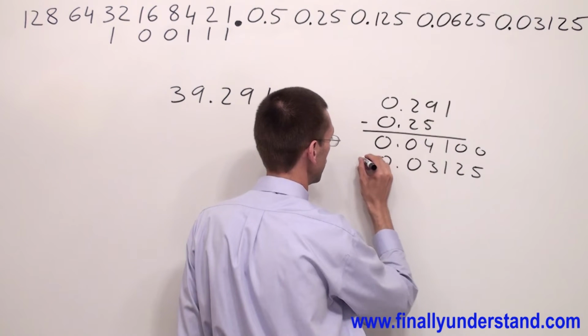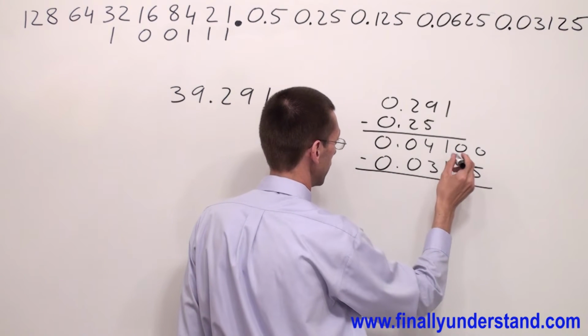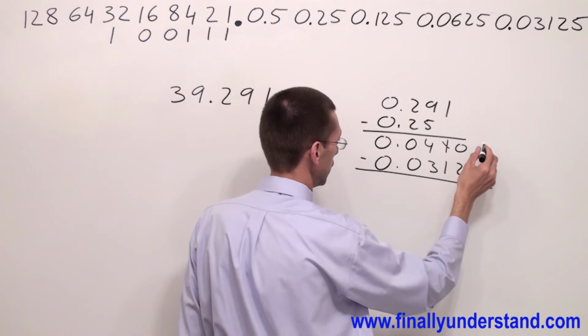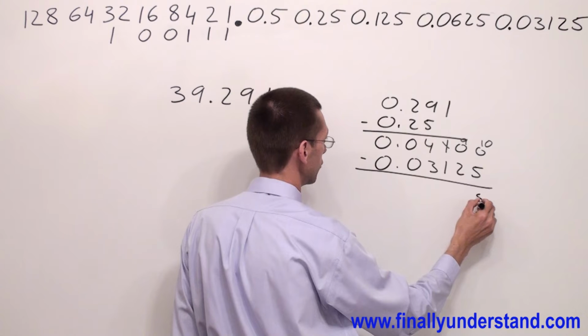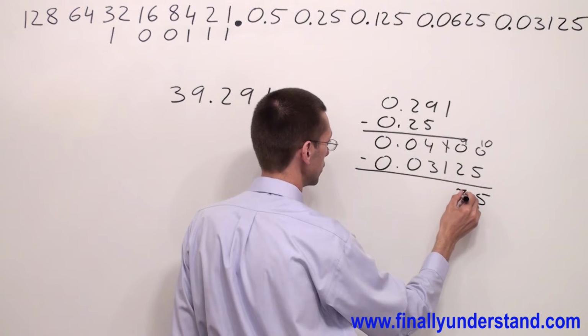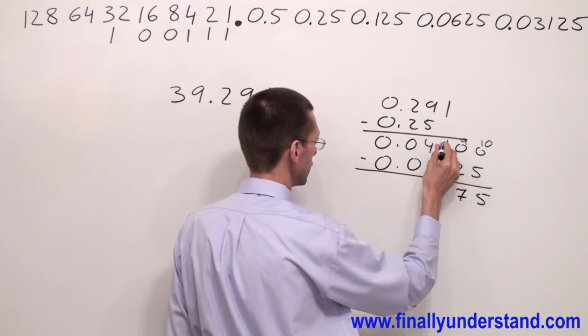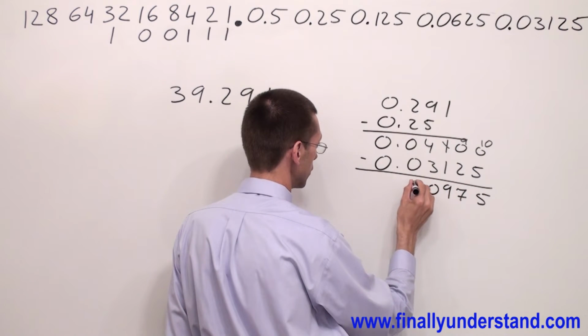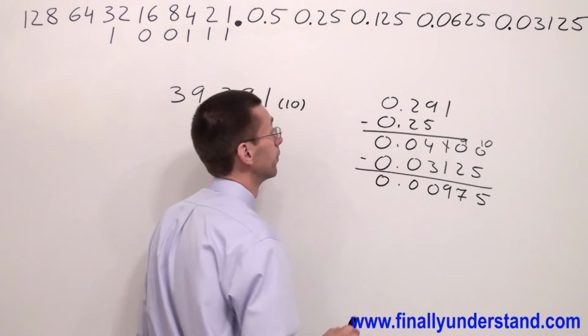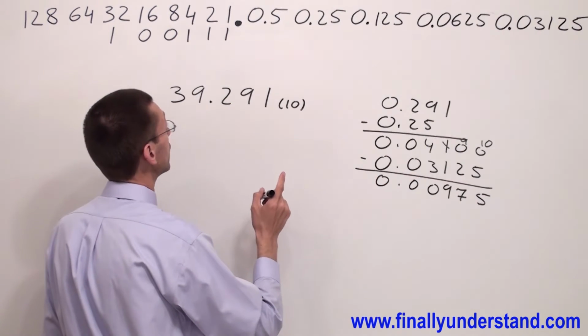Add zeros, perform subtraction. And I'm going to have 10 minus 5 is 5, 9 minus 2 is 7, and 10 minus 1 is 9, and I have 0, 0.0.